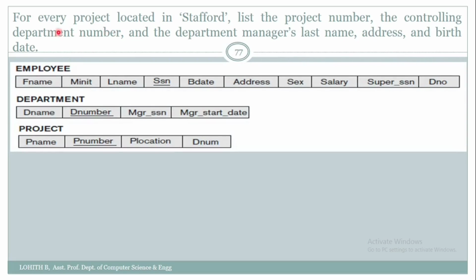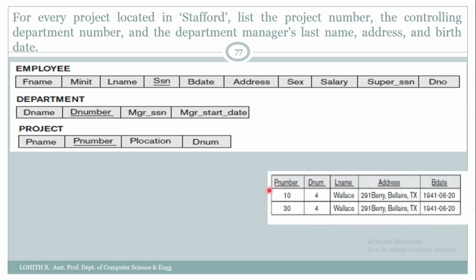These are the things which I require: the project number, the controlling department number, the department manager's last name, address, and the birth date. So the select clause is pretty simple, since it's directly available in the question itself.